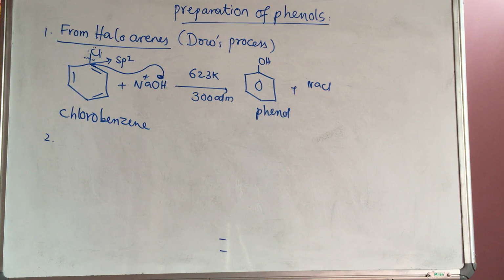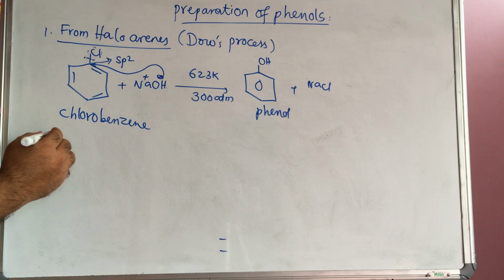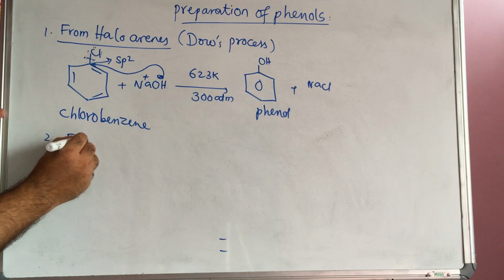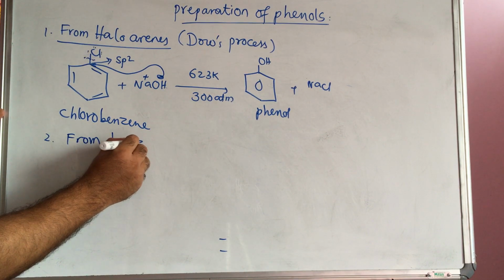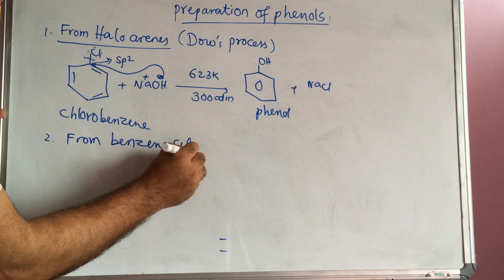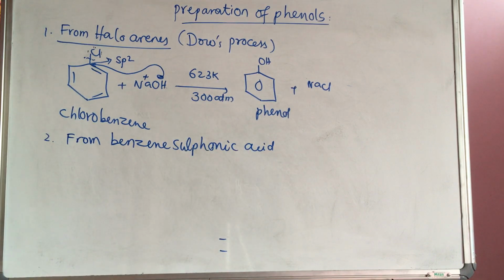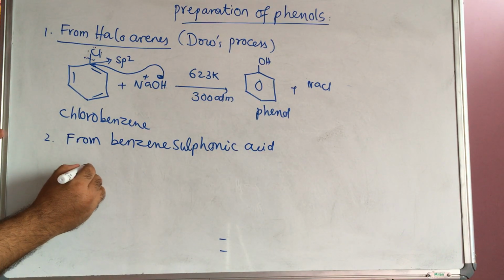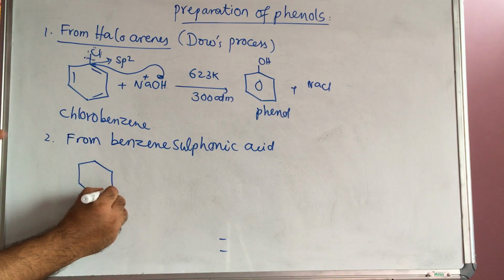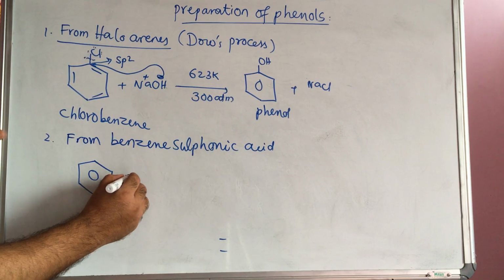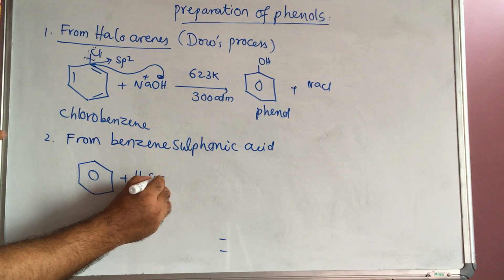Next one, from benzene sulfonic acid. Generally, how do we get benzene sulfonic acid? Benzene is first treated with oleum. Oleum is H2S2O7.